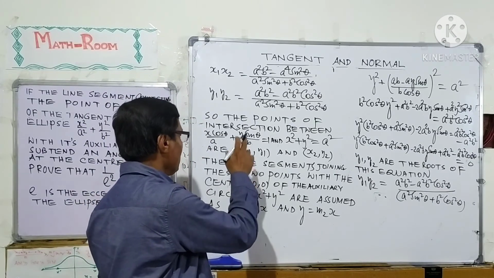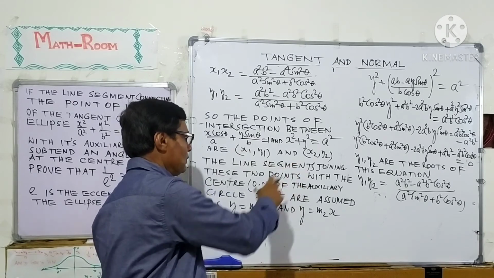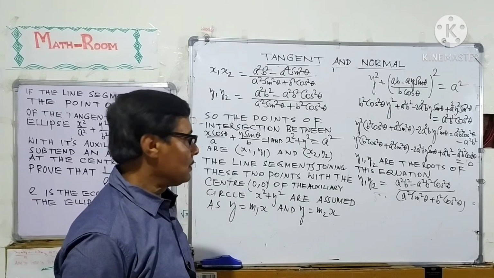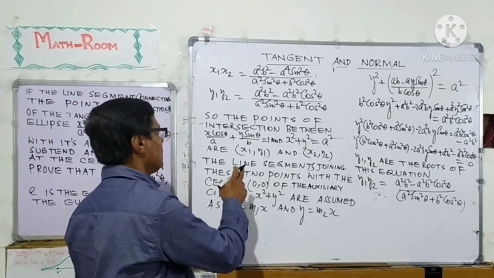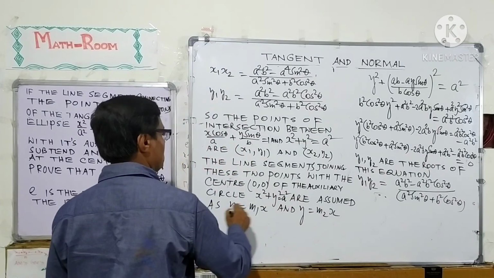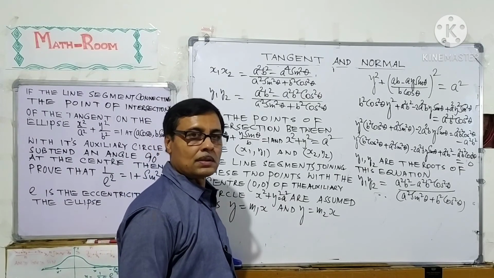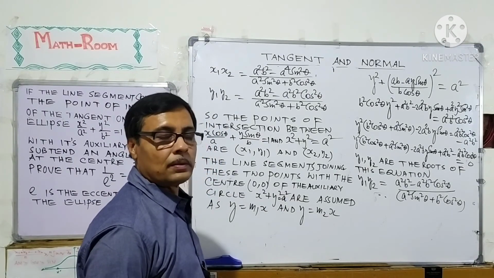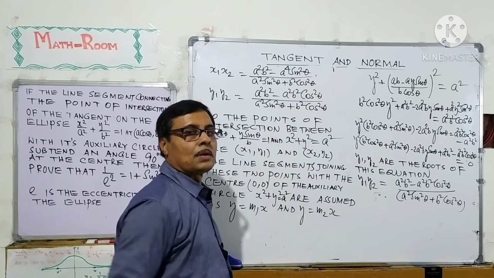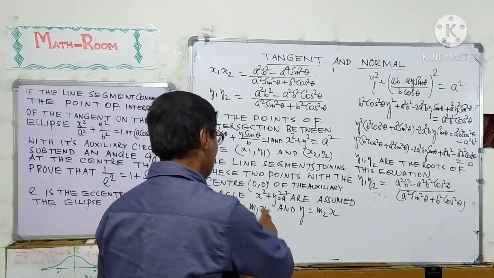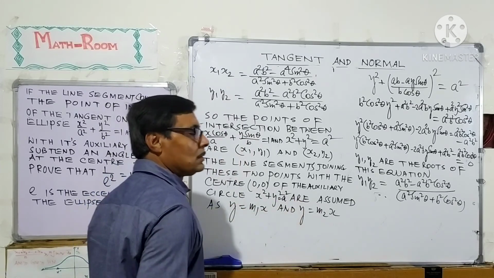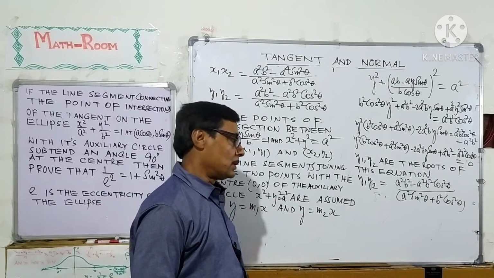Line segment means the line joining these two points with the center, that is, the center of the auxiliary circle, that is, the ellipse. These are the two lines joining the extremities of the tangent, that is, the points of intersection of the tangent with the auxiliary circle, with the center of the ellipse. m1 and m2 are the gradients of these two lines.